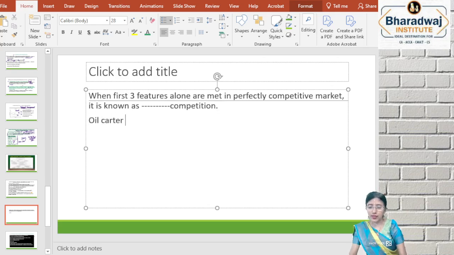Oil cartels are examples of which market form?